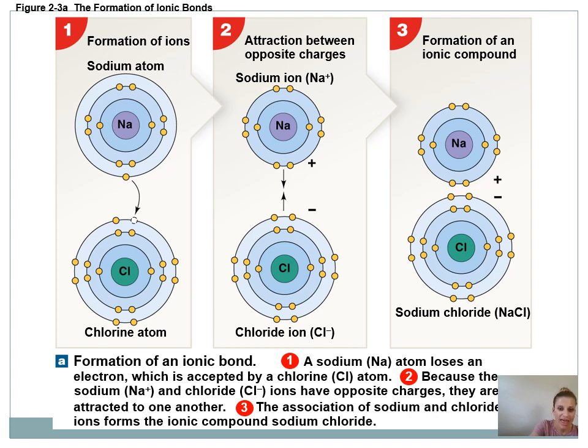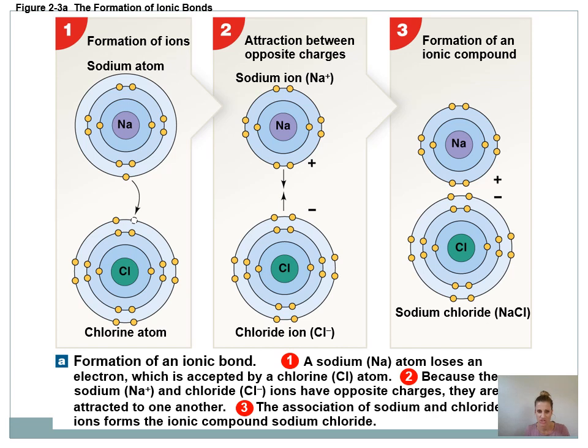So chlorine has 7 in this third shell out here, and it can hold 8. So chlorine is dying to get one more electron, right? It's so close to having a full valence shell that just as much as sodium wants to give one away, chlorine really wants to take one. So they're perfect for each other, right?